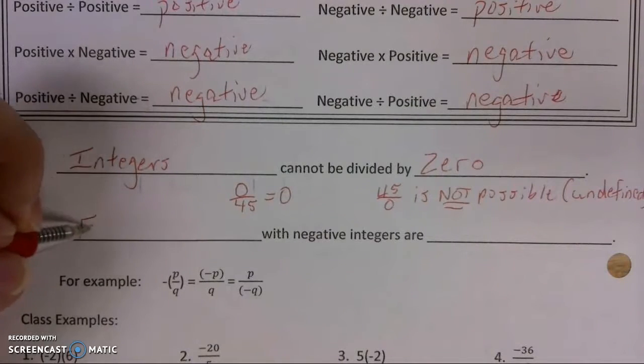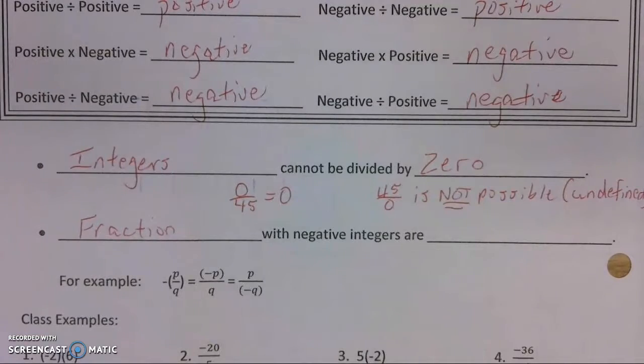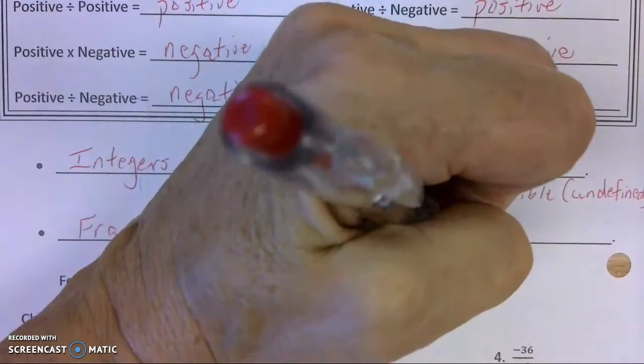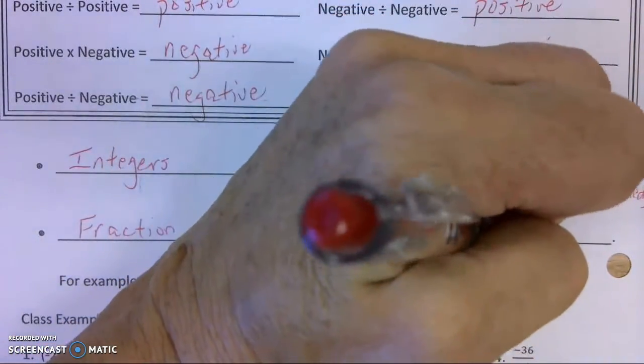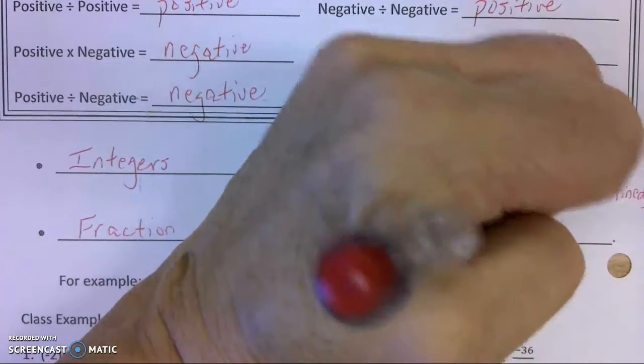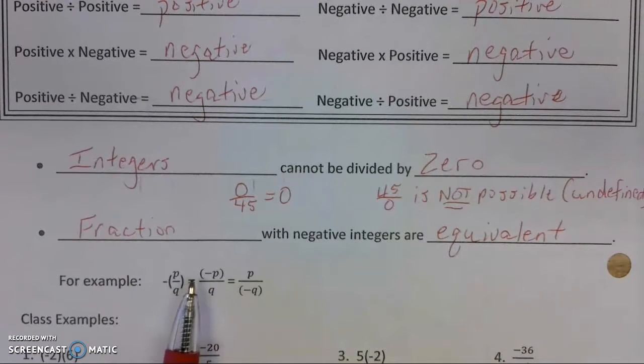The other thing we need to look at are the way that numbers are written as fractions. When we have a number that's in fraction form with negative integers, those fractions are equivalent. What I mean by that is it doesn't matter where the negative sign is. It can either be in front of the fraction, in front of the numerator, or in front of the denominator. The whole fraction is negative. And if you look on a number line, you're going to find those negative fractions to the left of 0.